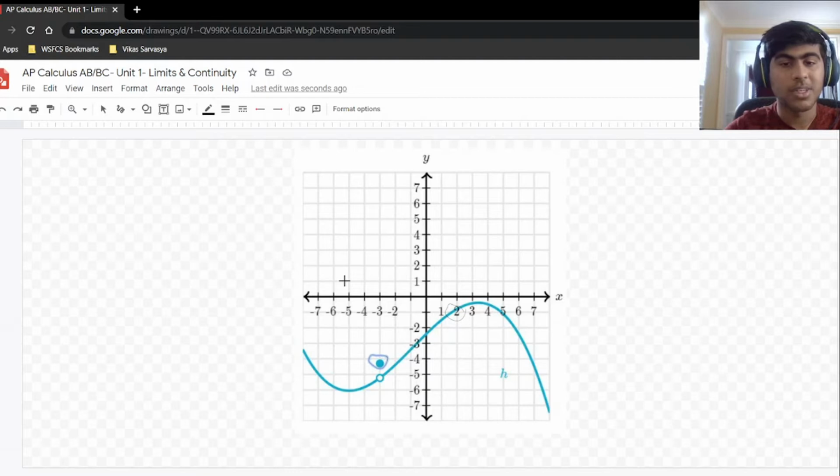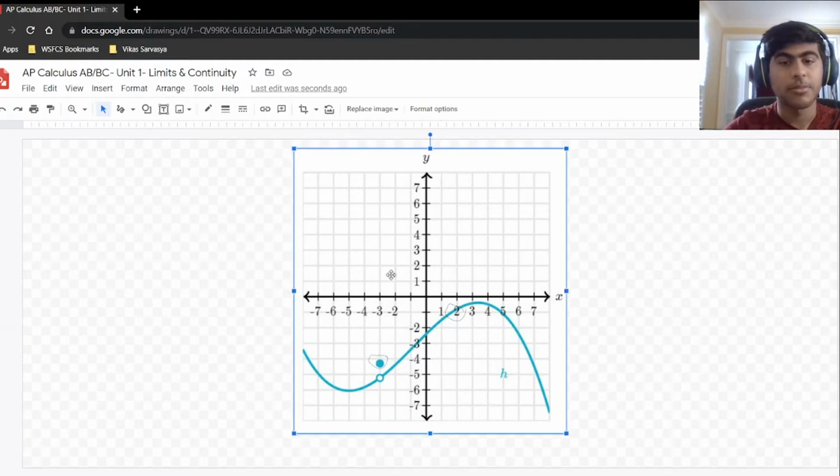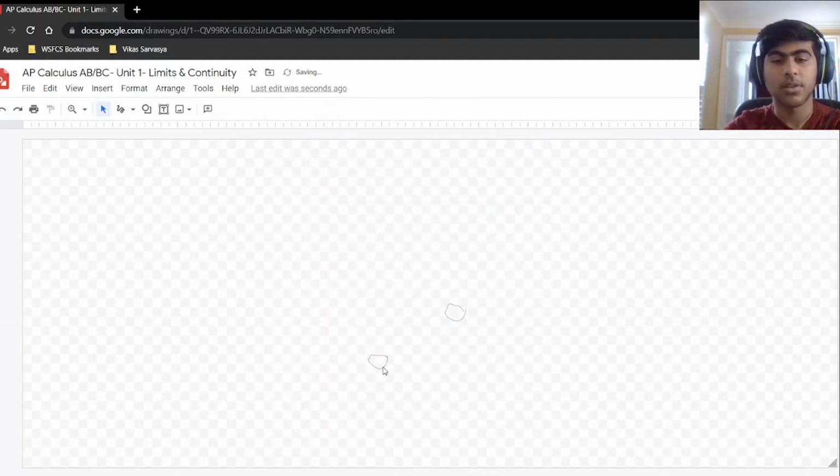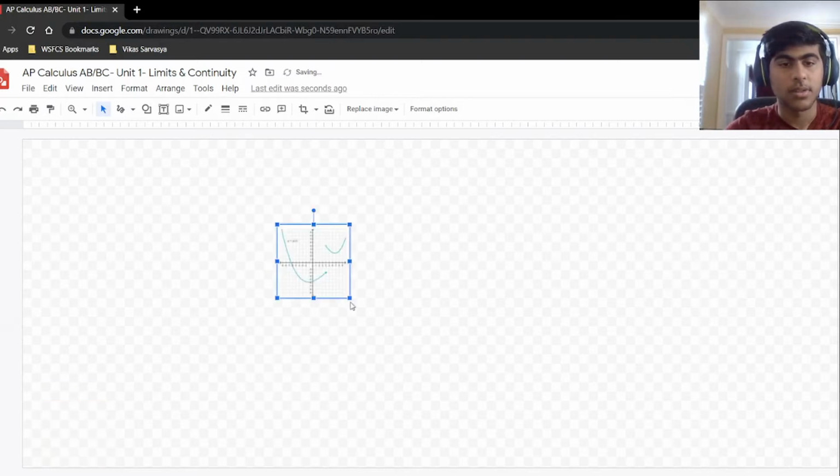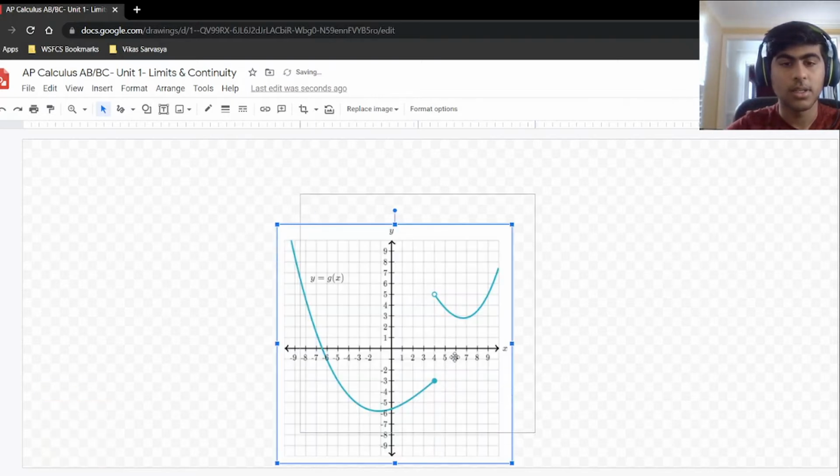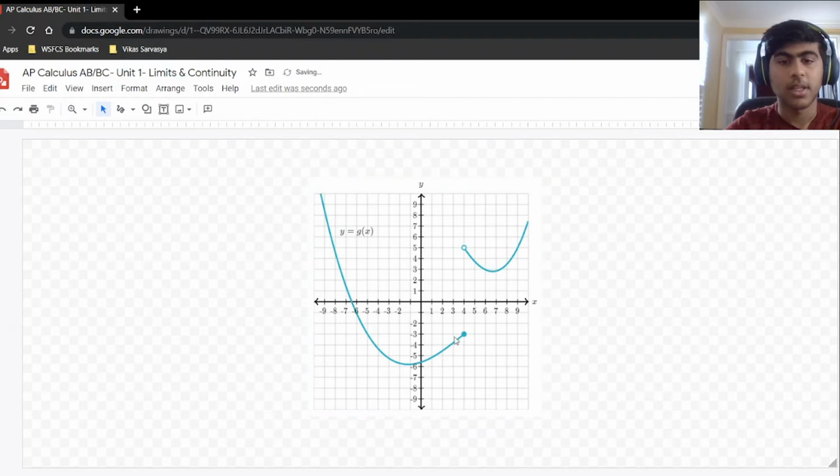We can see a few more examples of this. Let's pull up a few more graphs. We can see a graph that looks like this. Now here, from the left side, the negative x side, as we approach x equals 4, we're approaching -3 as our y value.